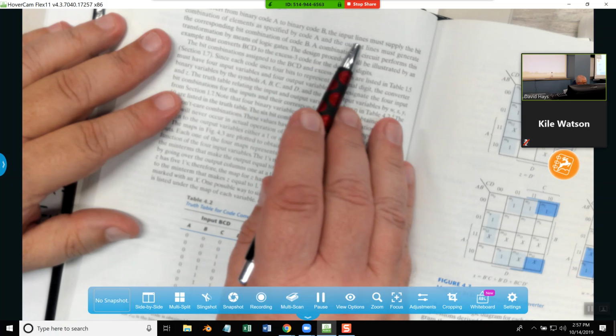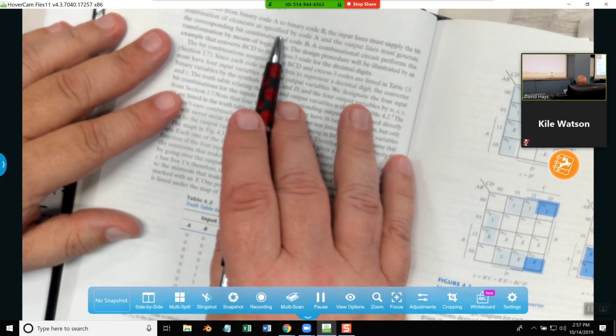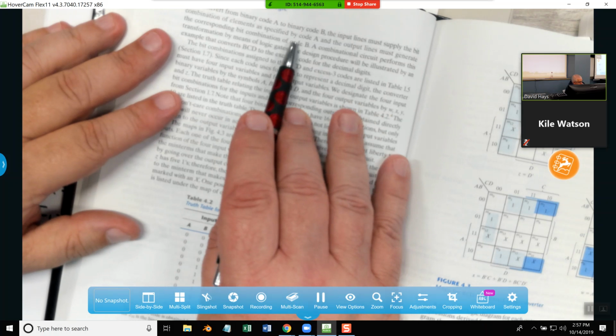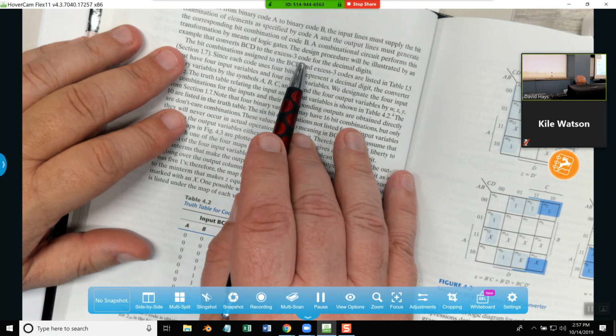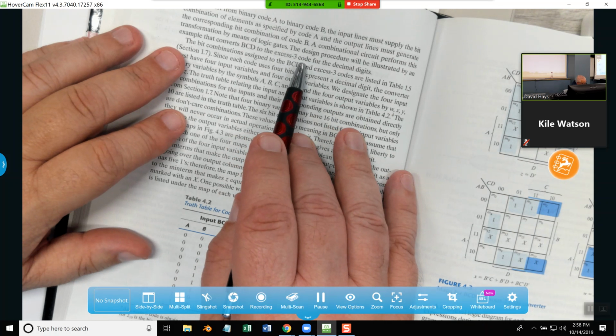We designate the 4 input binary variables by the symbols A, B, C, and D, and the 4 output variables by W, X, Y, and Z. The truth table relating the input and output is shown in table 4.2.